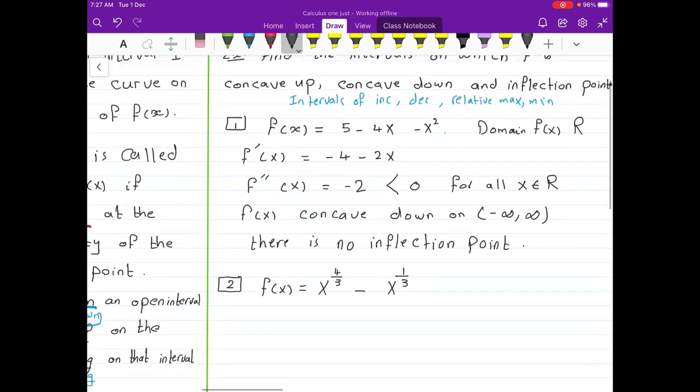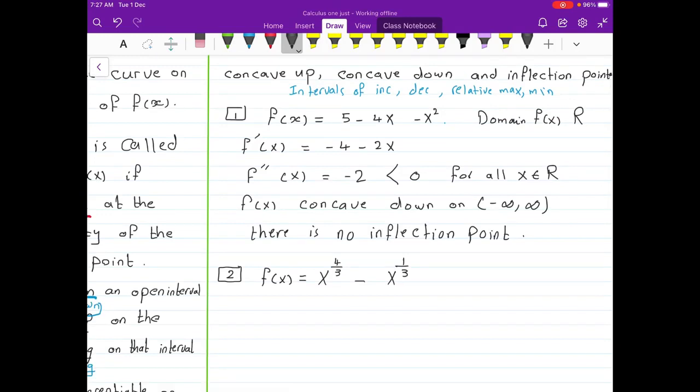Now, if we define f(x) equal to x to the power 4/3 minus x to the power 1/3. First of all, what is the domain of this function?